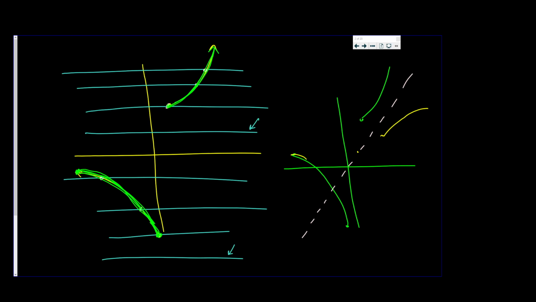Depending upon how I drew it, it could actually be the same piece. Okay, so you have this green piece and this green piece, that's f of x, and the inverse is this piece and coincidentally that piece.